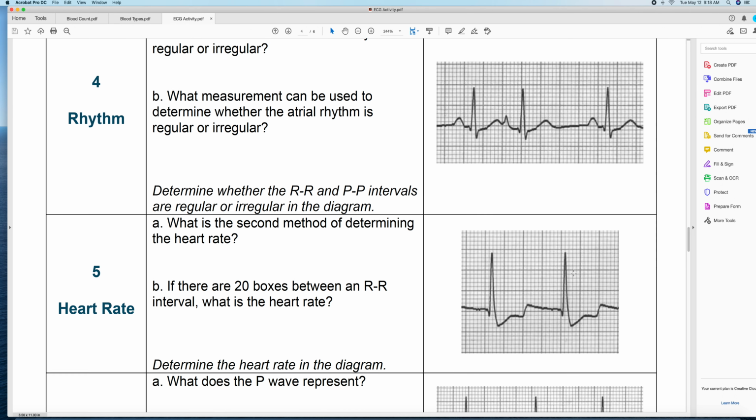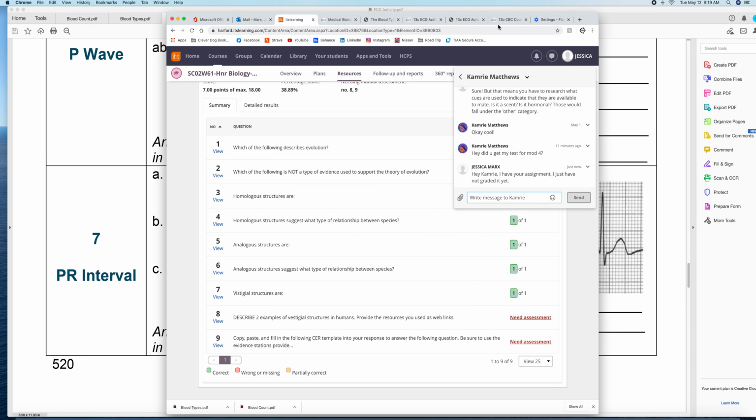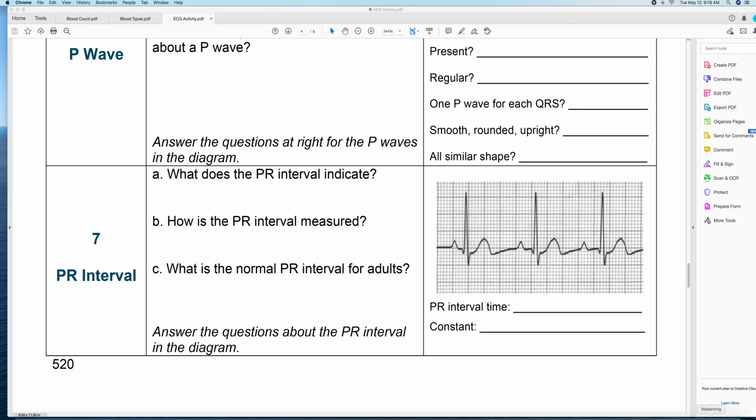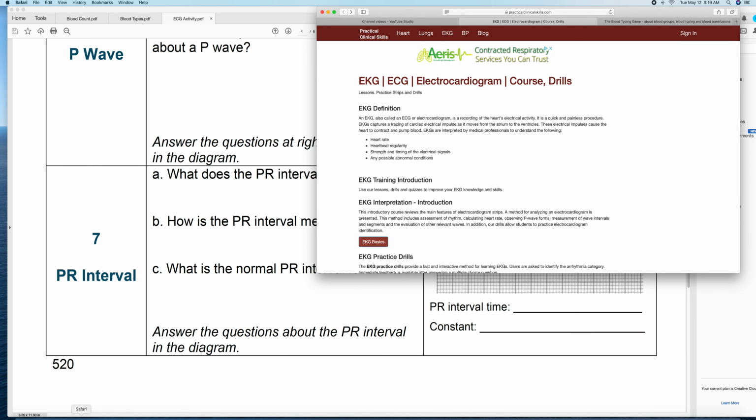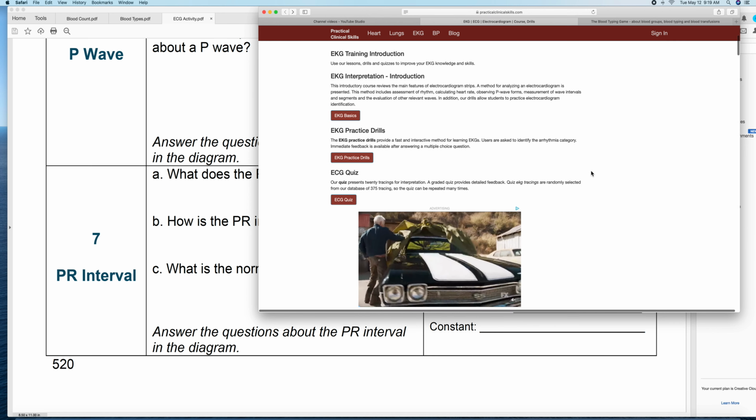And then the other thing that I like about this website, and I'll bring it up to show you, maybe, no, not here, hang on. Here we go. There are practice drills that you can do. You can go over the basics.